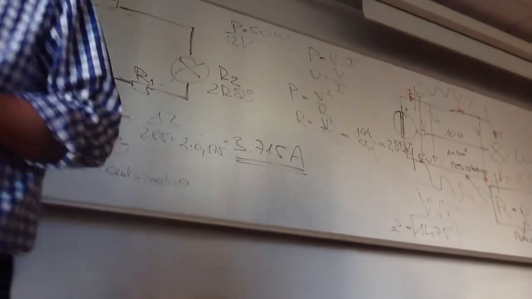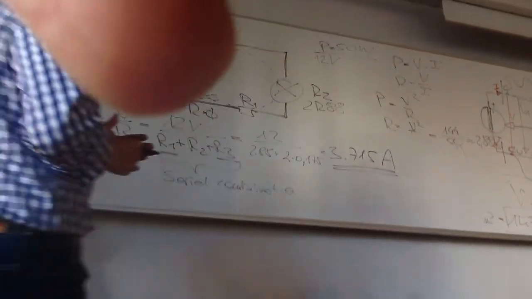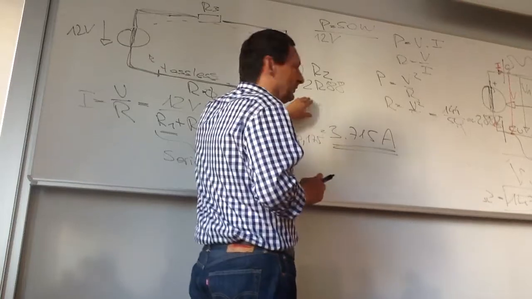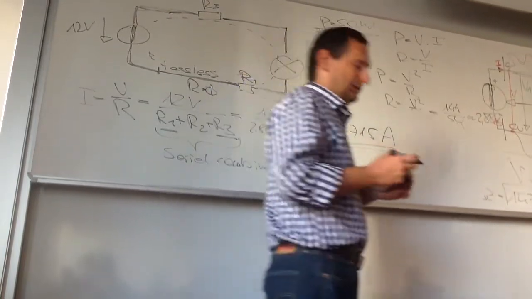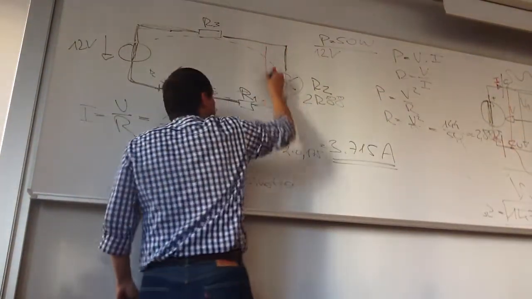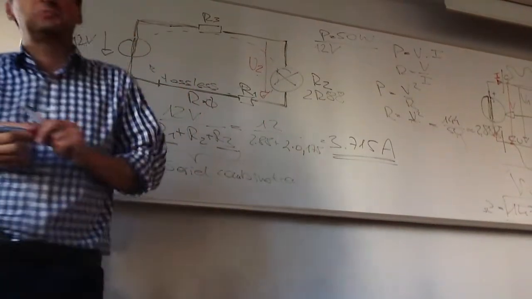So you see, we got more than 1 amp. And what is happening to our voltage? The question that still remains is, what's the voltage at the bulb? That we don't know.